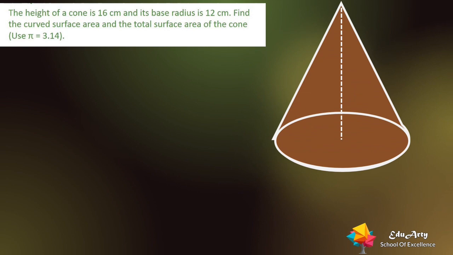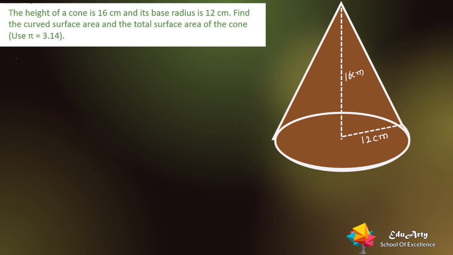They are saying that the height of the cone is 16 centimeters. That means they are talking about this vertical height, which is 16 centimeters. And its base radius is, sorry, not 21, it is 12 centimeters. Find the curved surface area and the total surface area of the cone.